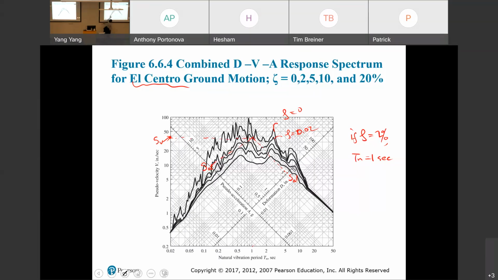It increases to a peak and decreases as you vary the natural period of the structure. If you see something different from this, you need to double check your results or your program. So that's the response spectrum for a given earthquake record.